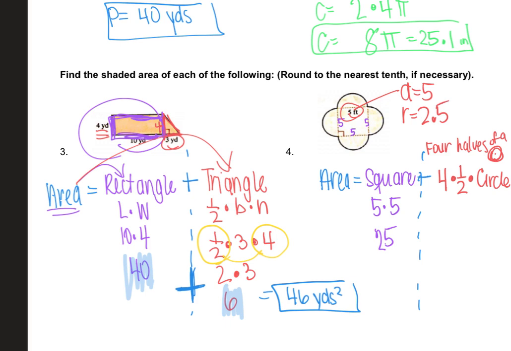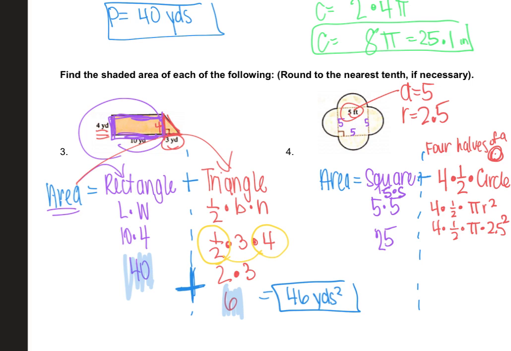So I'm going to say that this is 4 times 1/2 times pi r squared, because that's my formula. Really over here I should have written s times s. And when I plug in, I get 4 times 1/2 times pi times 2.5 squared.